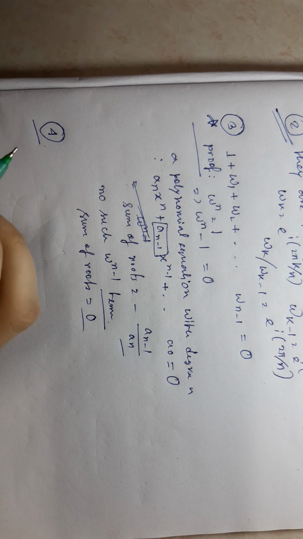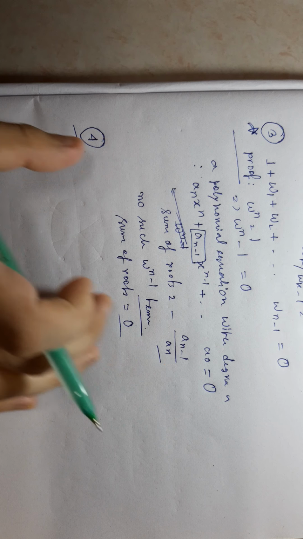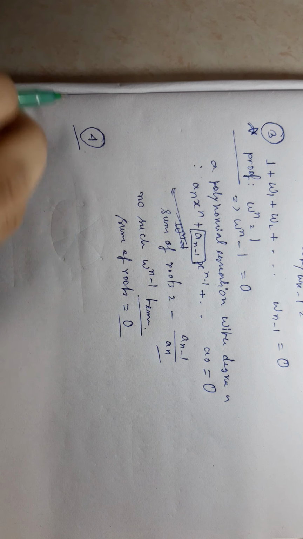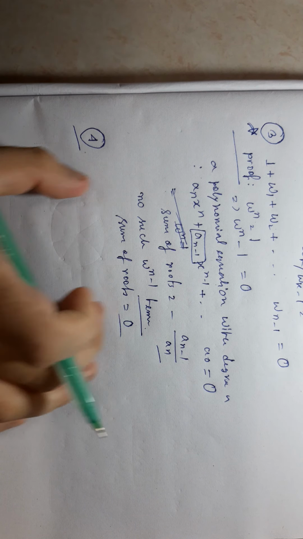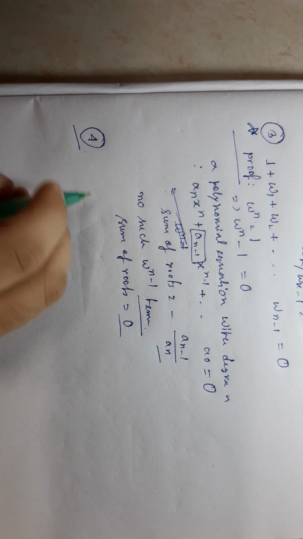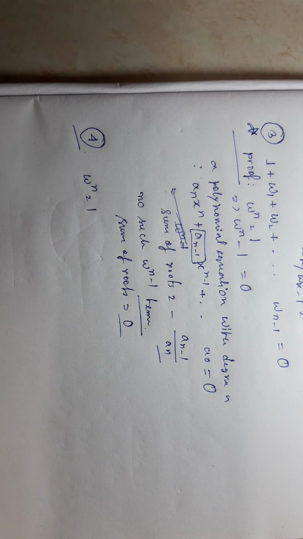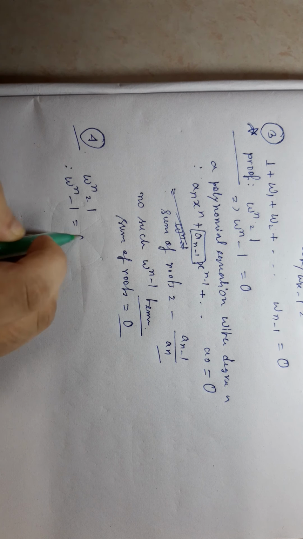Okay, so again the fourth property, but I won't write the property first, just first see the proof of this property. The proof is that I have written down some statements and calculations. Just see it. The equation is omega to the power n equals 1. Okay, so omega to the power n minus 1 is equal to 0.